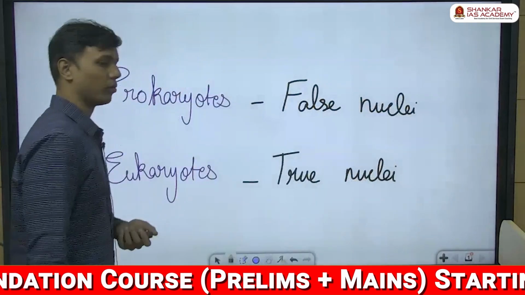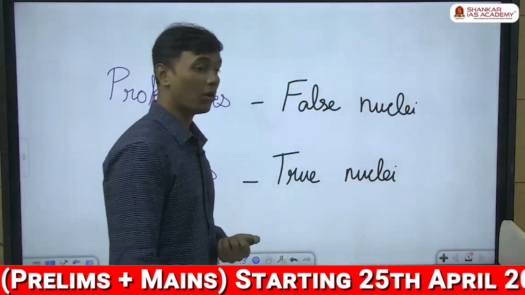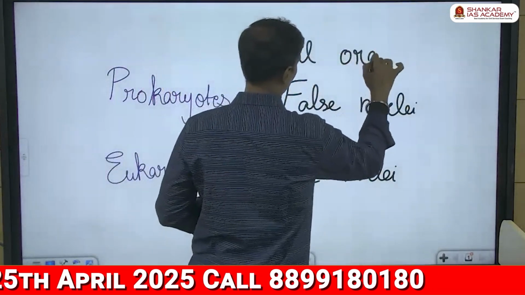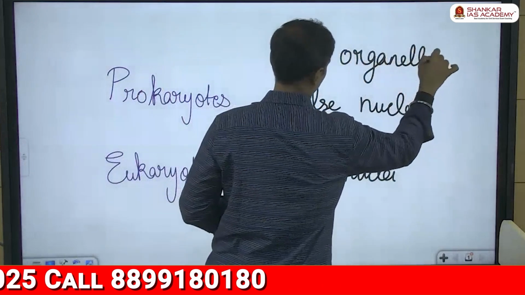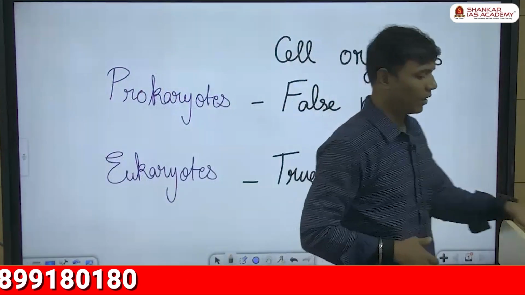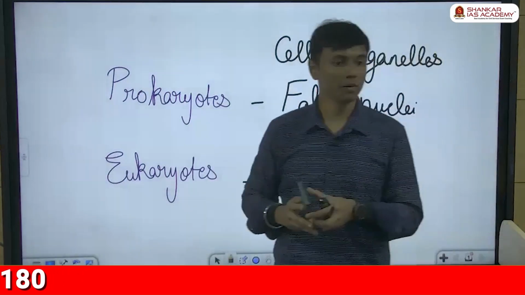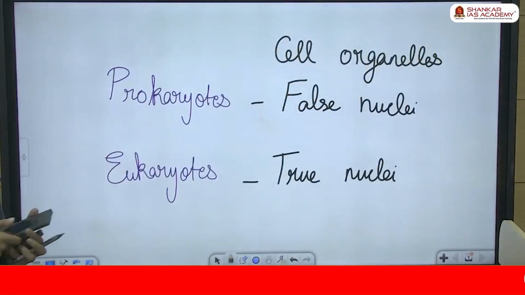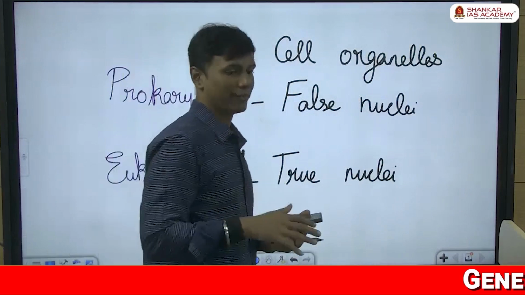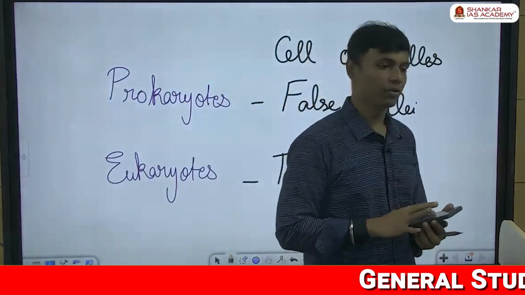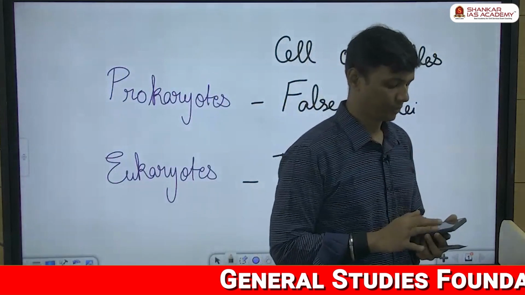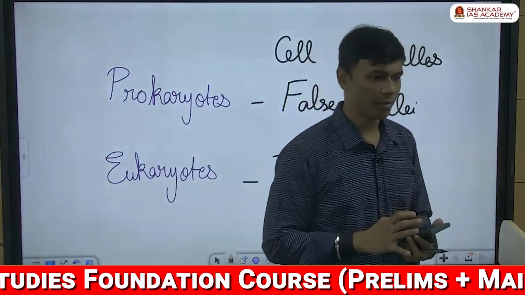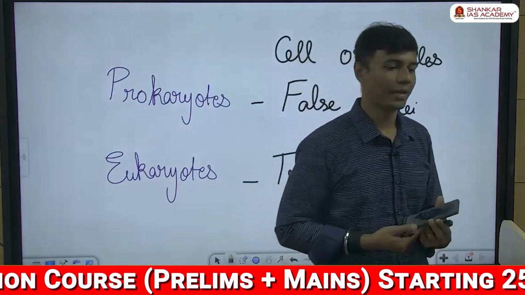That is, under prokaryotes, you can write the cell organelles are not properly developed. Cell organelles are not properly developed in prokaryotes.